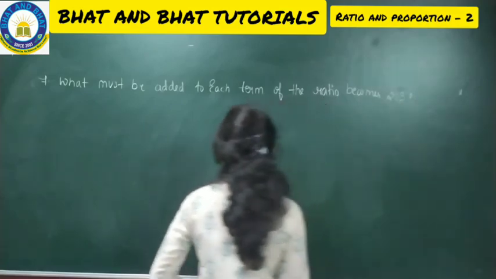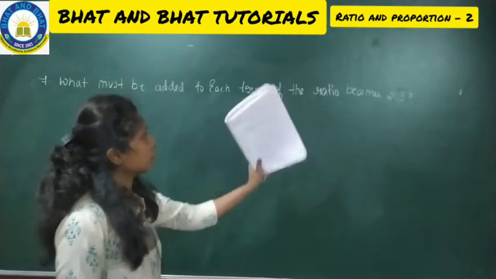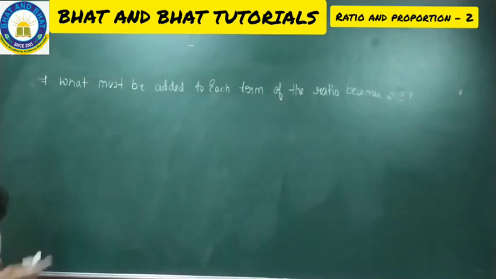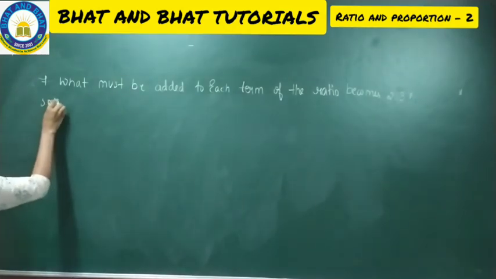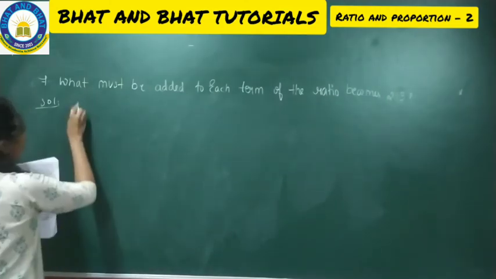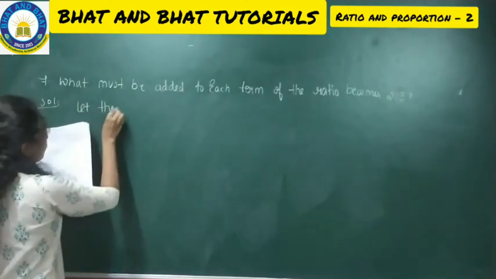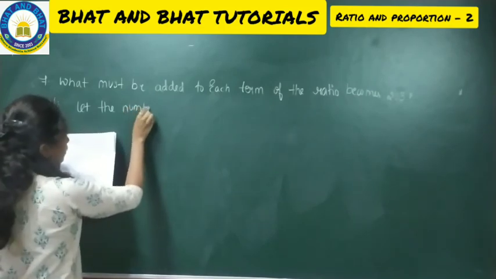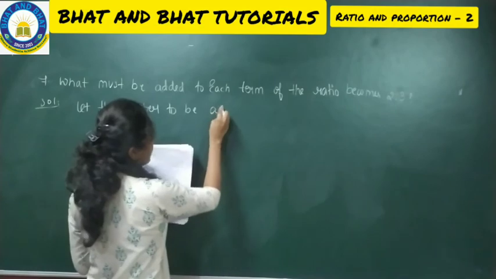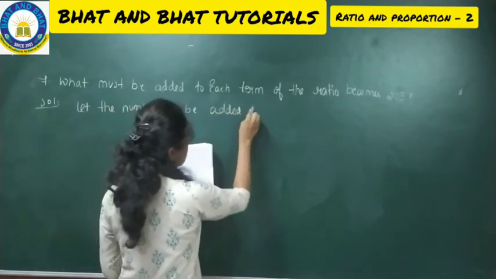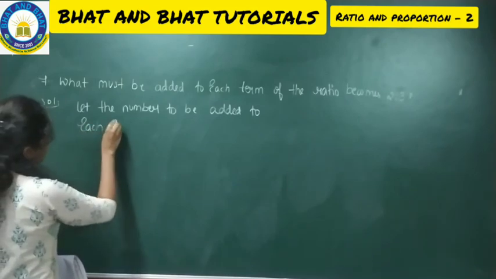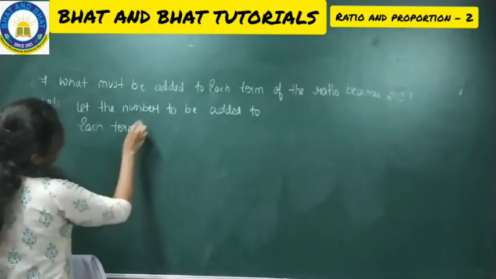What are they asking? What do we have to add to each term? So when the ratio, that means your answer, will become 2 is to 3. We don't know what the numbers are now. So let the number to be added to each term be x.